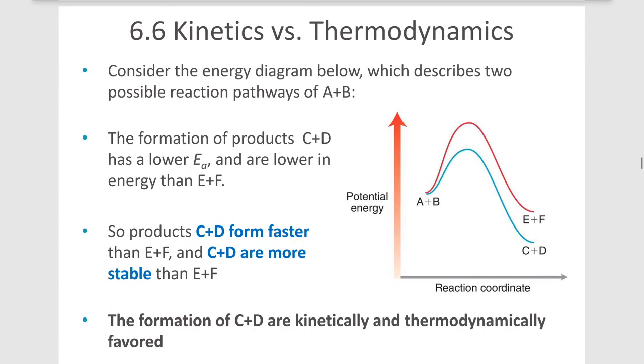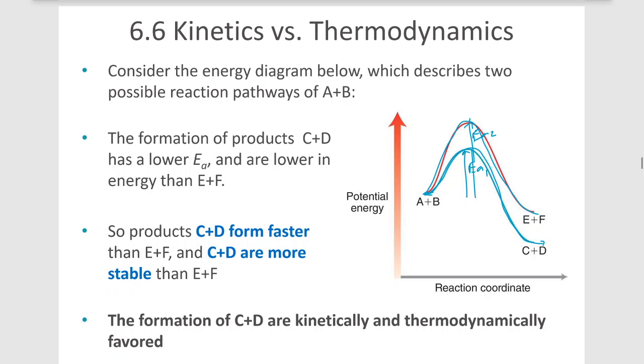Sometimes we can have a competition there as well. We can have A and B going through this activation energy, let's call that EA1, to give us C and D. And we can have A and B perhaps going through a different pathway, and let's call that EA2, to give us E and F. The pathway involving EA2 is higher energy than EA1.